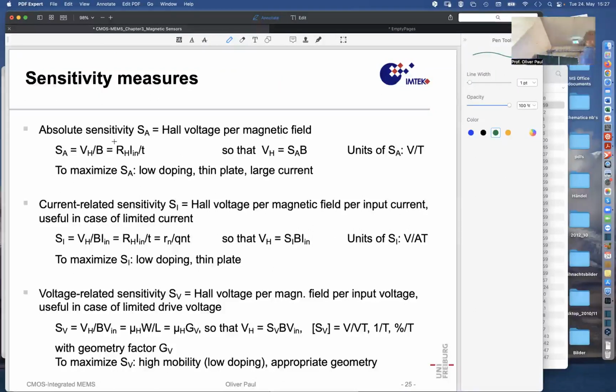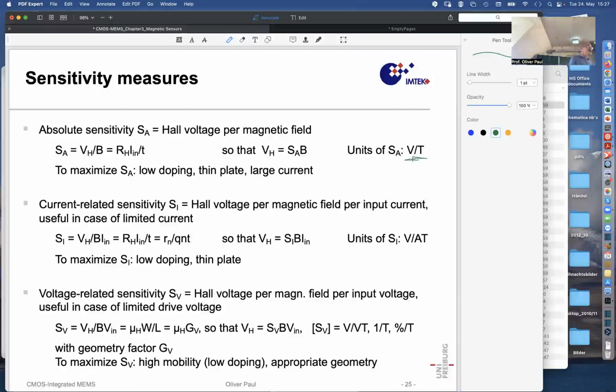No matter what I and V in are, if your figure of merit is just voltage out per magnetic field, then based on what we just saw, this is RH times I in divided by T. And the unit of this SA, this absolute sensitivity, is volt per Tesla, like written here.